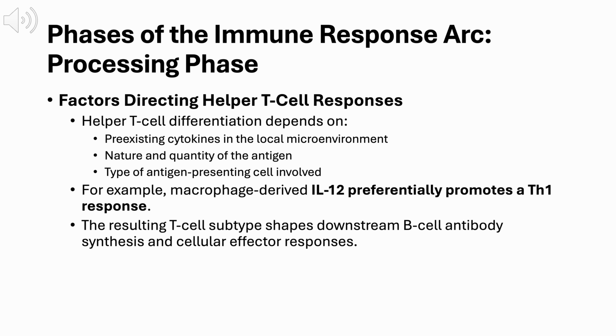So this isn't a random choice. It's a context-dependent decision that the immune system tunes to the threat. That principle, that the local environment programs the response, is also why the eye's specialized microenvironment can shape and sometimes misdirect intraocular immunity. Now let's follow the helper cell's influence over to the B-lymphocyte.